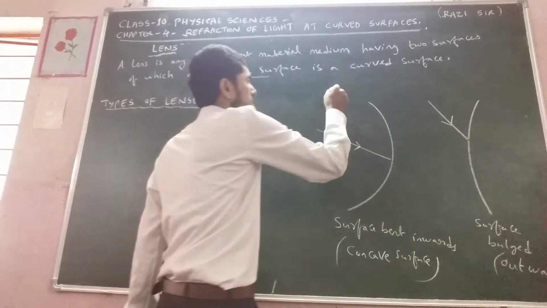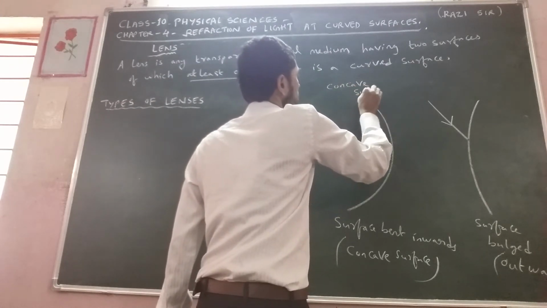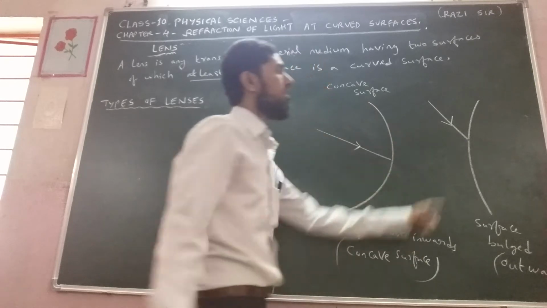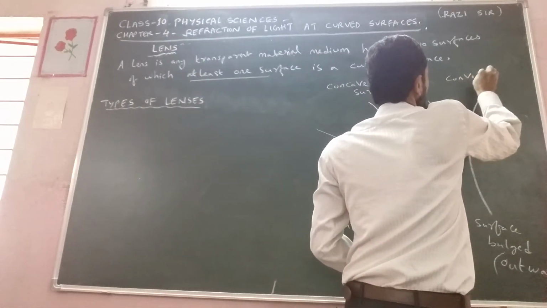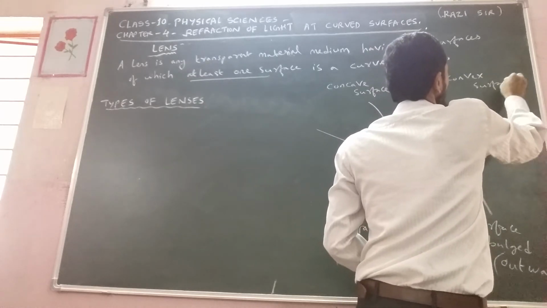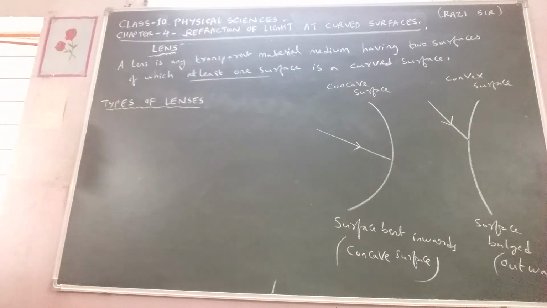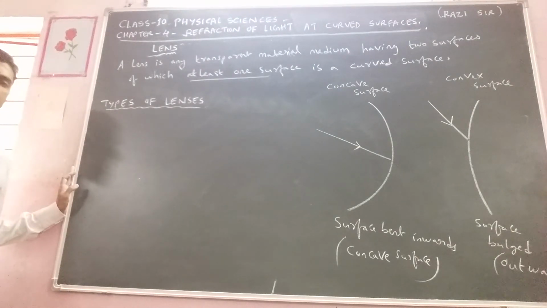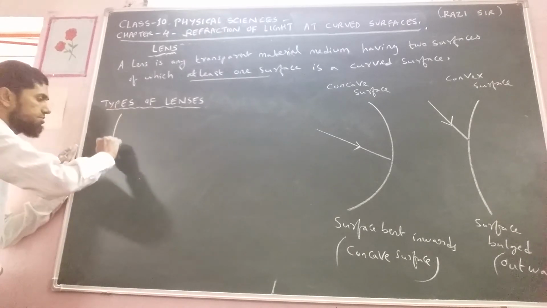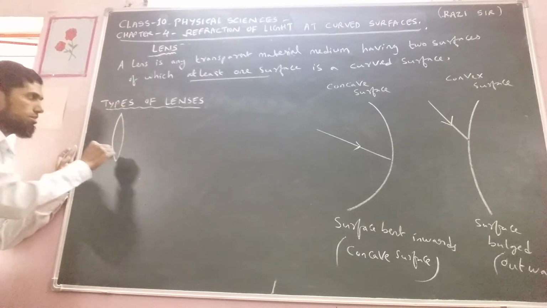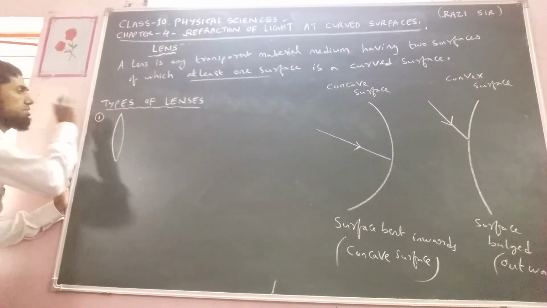Here light is entering the concave surface, and here light is entering the convex surface. Based on these surfaces, we define the types of lenses. The first one we take is a lens having both the surfaces as convex surfaces.